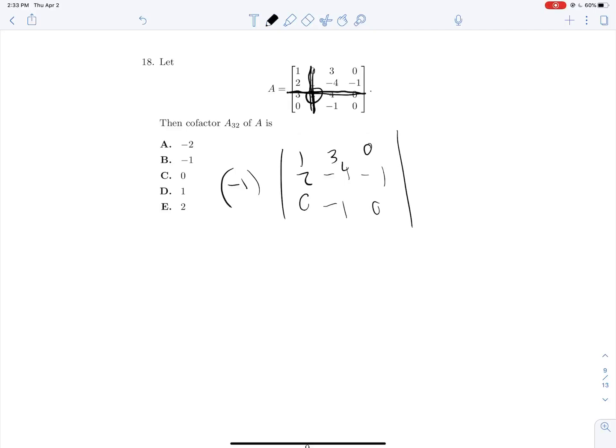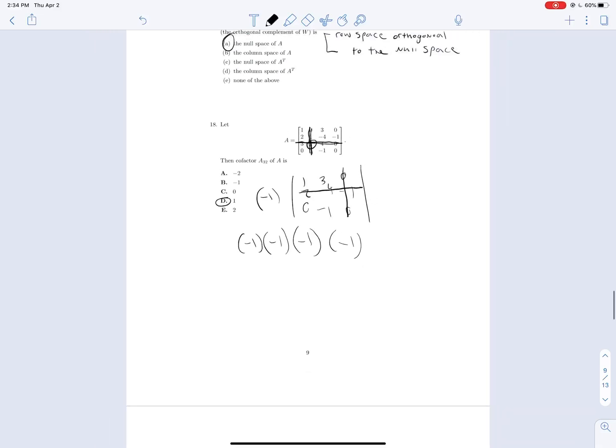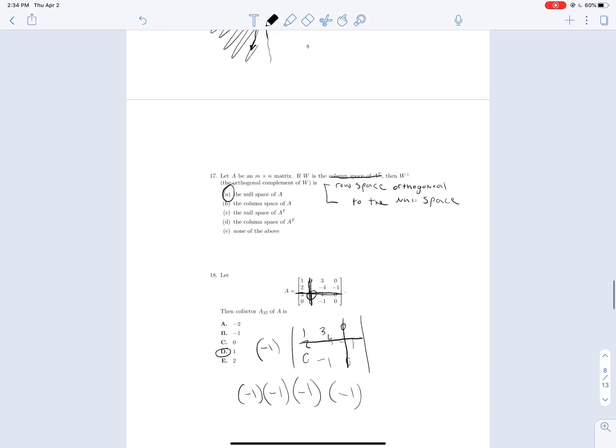So we can expand this, and we'll have -1 multiplied by -1 multiplied by -1, because we have to pull this -1 out, and we have a determinant here, 1, -1, 0, 3, and that determinant is just another -1. So this is a little bit silly how it ends up looking, but our answer is 1. D for problem 18.